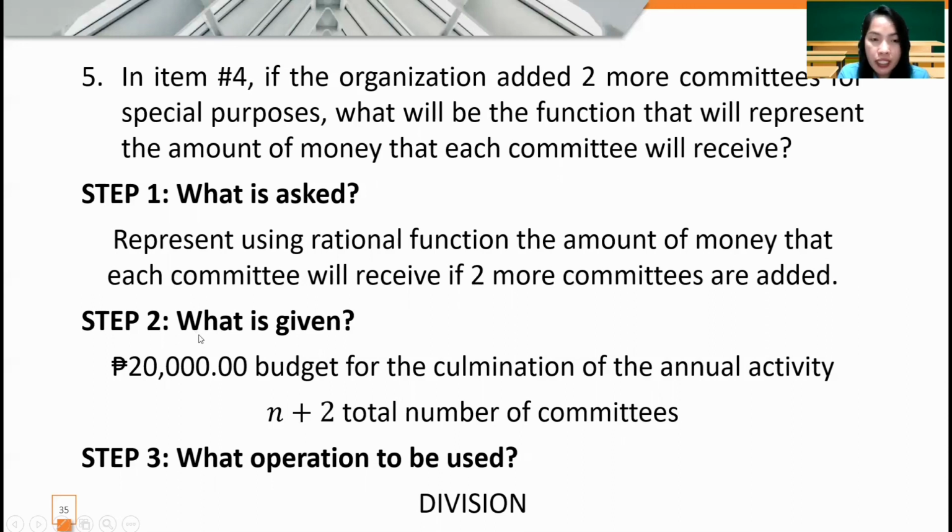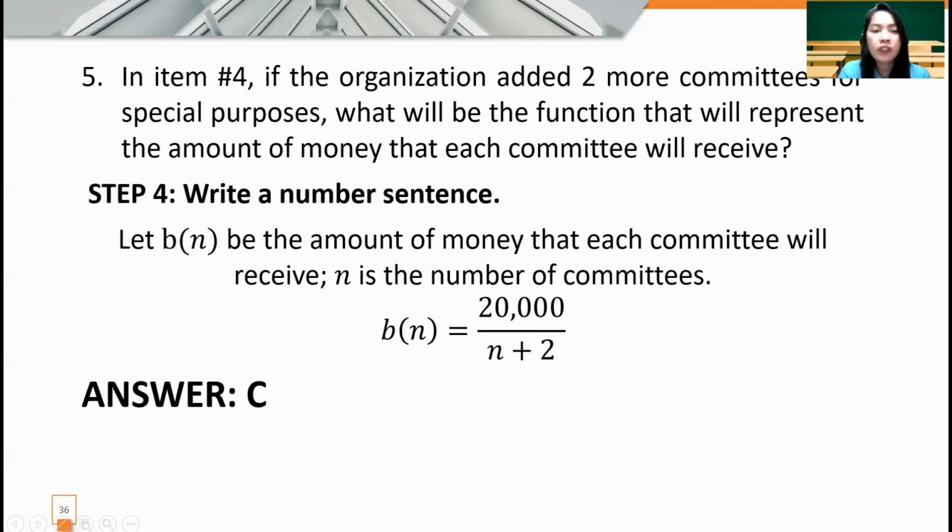Sa step 2, ang given, 20,000 pa din yung budget. At ang kinaibahan lang dun sa step item number 4 ay nadagdag ng 2 committees yung dating N. Yung operation ay division pa din. That would be B of N equals 20,000 divided by N plus 2. Para malaman natin yung budget for each committee. The answer is letter C.